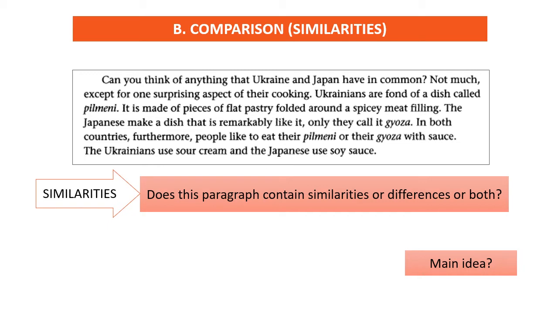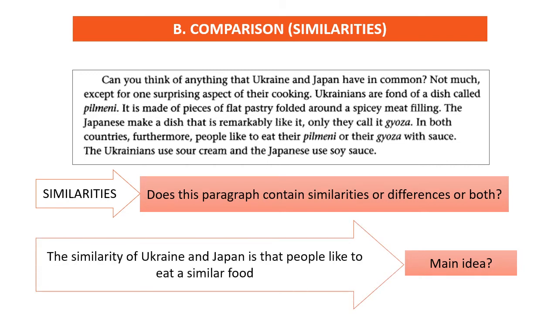And what is the main idea? Here I have the answer. The similarity of Ukraine and Japan is that their people like to eat very similar food. If you have a different answer, it will be okay as long as your sentence covers the exact same idea as this answer.